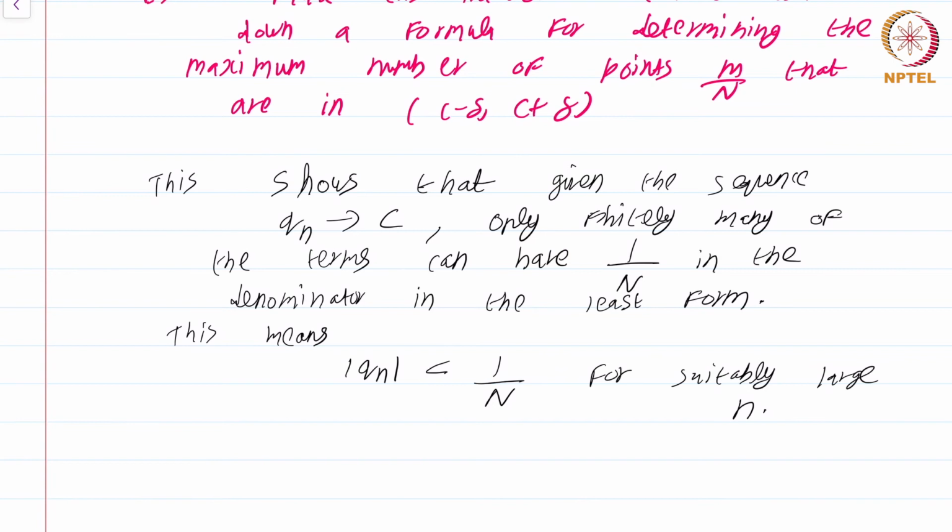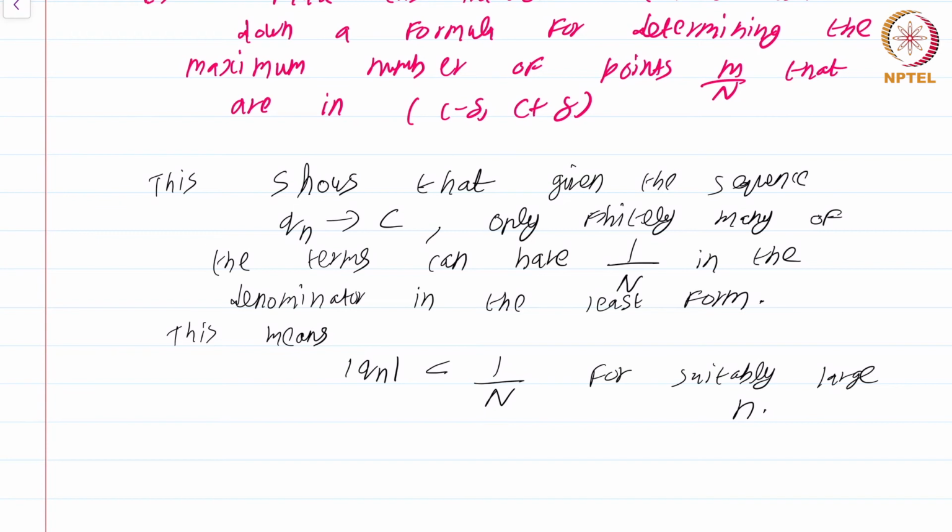Then what happens is, if n is suitably large, then the Qn's are all going to be in this small neighborhood around this point C. Then none of them can have the denominator of the form capital N, capital N minus 1, down to 1. That means the denominator has to be greater than n.